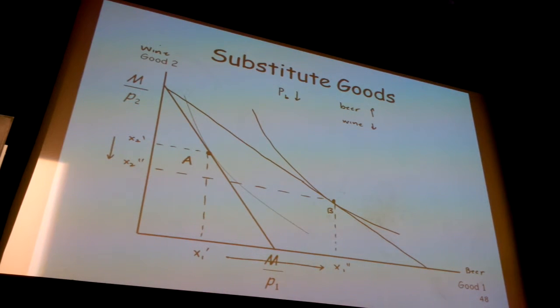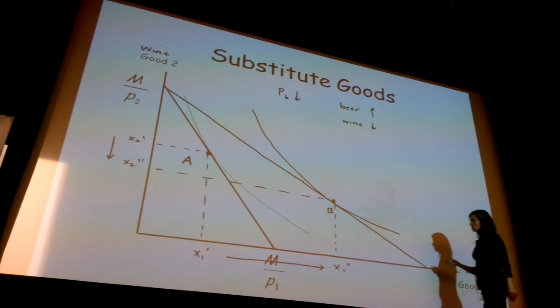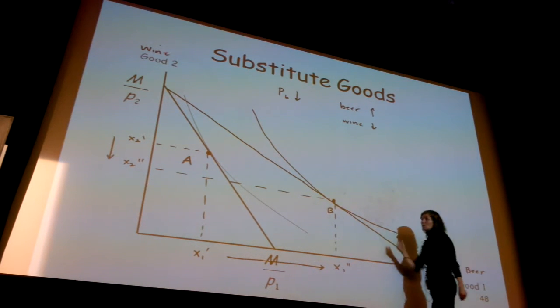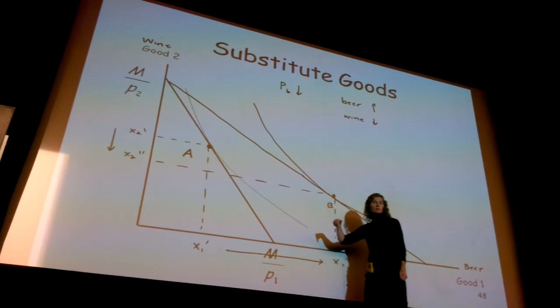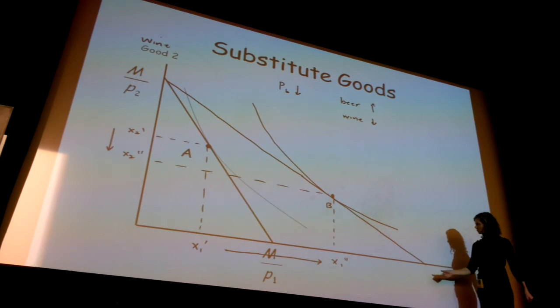Indicating that these two goods are substitute goods, because as my price of good one decreased, my consumption of good two decreased. Sorry, did I say that wrong? My price of good one decreased, my consumption of good two decreased.